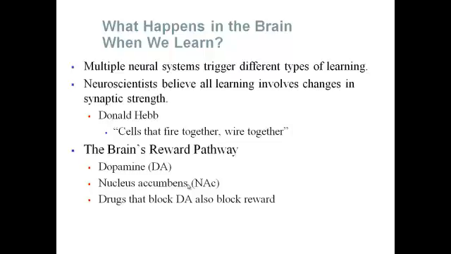So in other words, when we receive a reward, the dopamine receptors light up in this area of the brain. When you take drugs that block this particular pathway, the reward that made you so happy before doesn't do it for you anymore. So this pathway is important in terms of recognizing why we find things rewarding. This area of the brain is really active when we receive a reward that we really like.